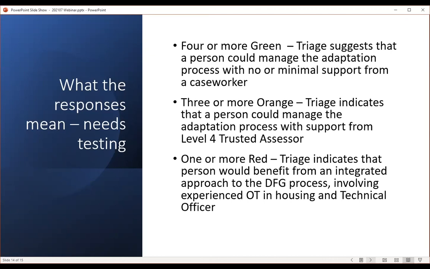And then if anybody has got 1 or more red flags, I think there's an indication that this is where we need to get that wrap-around, integrated approach for that individual. But it would be really good to get 2 or 3 people who would be interested in piloting the triage tool to help us develop it and implement it.